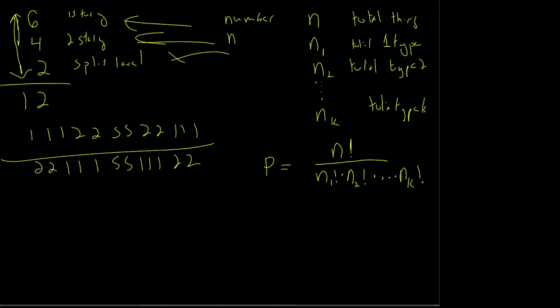Now the thing to note is that n sub 1 and n sub 2 all the way up to n sub k has to equal n total. So notice we had 12 things here, and each type we chose added up to 12, 6 plus 4 plus 2. And so we can find all the different ways we can do this using this formula.